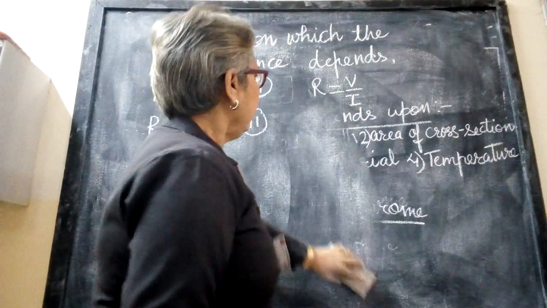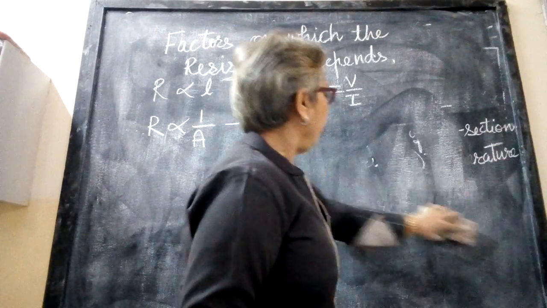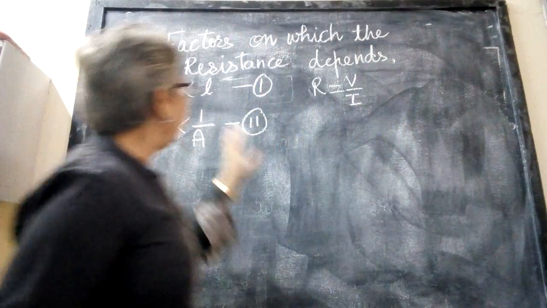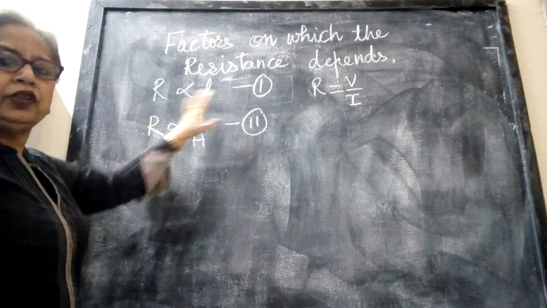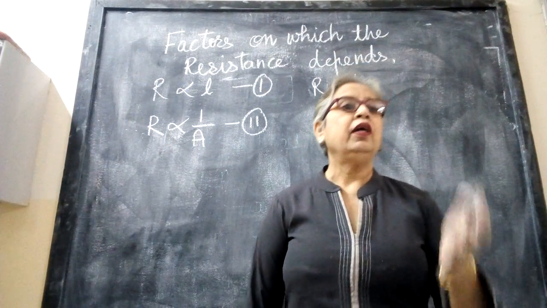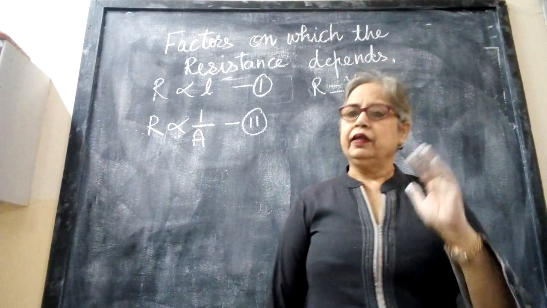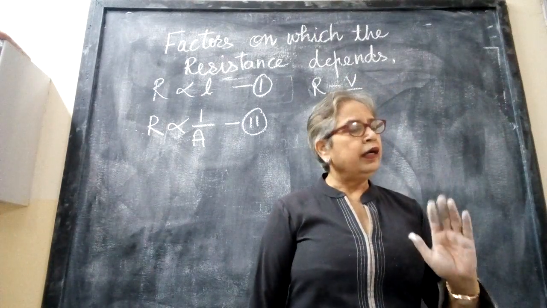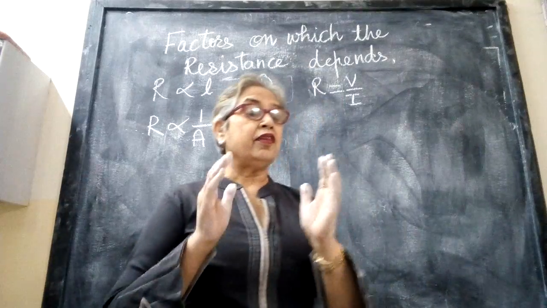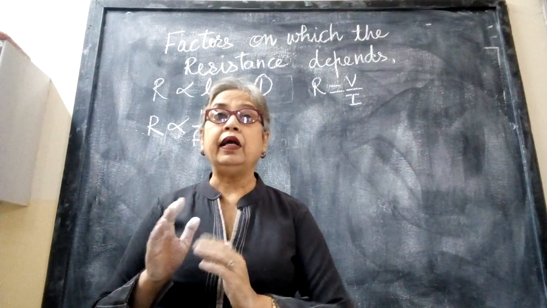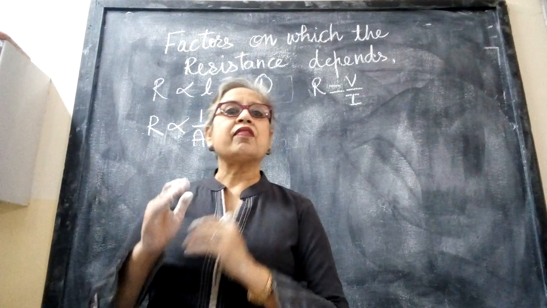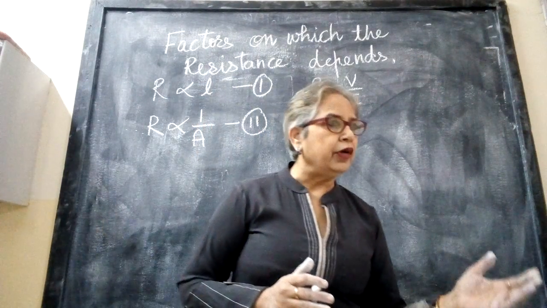So there are four factors on which the resistance of a conductor depends. Number one, length, directly proportional. Number two, area of cross section, inversely proportional. Number three, temperature, directly proportional. And then it depends from material to material. So when the resistance of a material is very high, like that of wood, that of glass, such materials are called insulators.